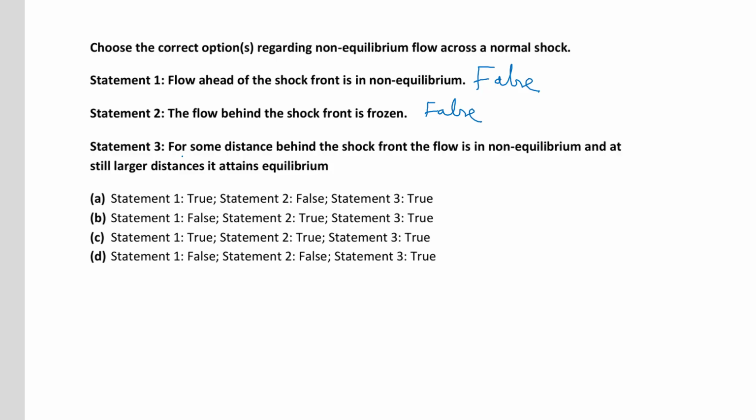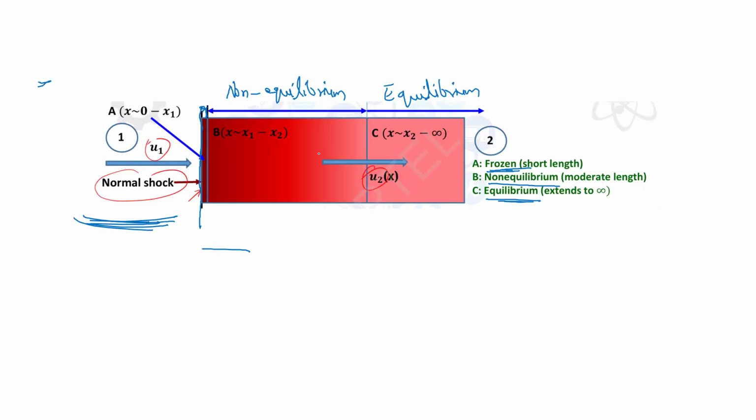Statement 3. For some distance behind the shock front, the flow is in non-equilibrium, and at still larger distances, it attains equilibrium. For some distance behind the shock, the flow is in non-equilibrium. After that, it attains equilibrium.